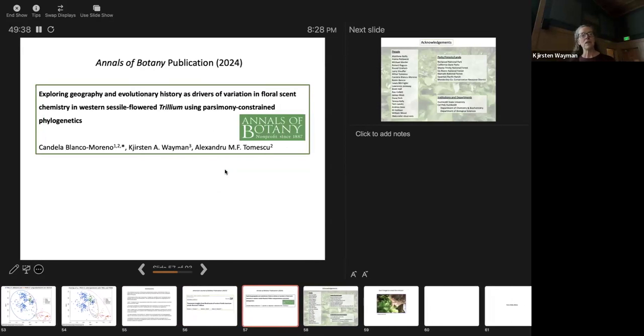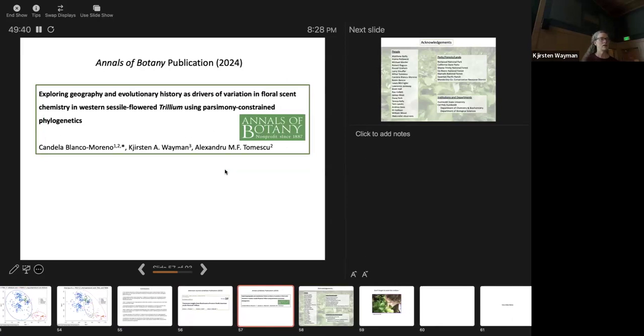And then Mihai Temescu, who's a botanist in our botany department here, and his postdoc, Candela Blanco Moreno, took my floral scent data and carried out a phylogenetic analysis. So they treated the floral scent data much like a phylogeneticist would treat genetic data, DNA data, and tried to explore speciation of this group of plants using that method. So this should be out in the next issue of Annals of Botany.